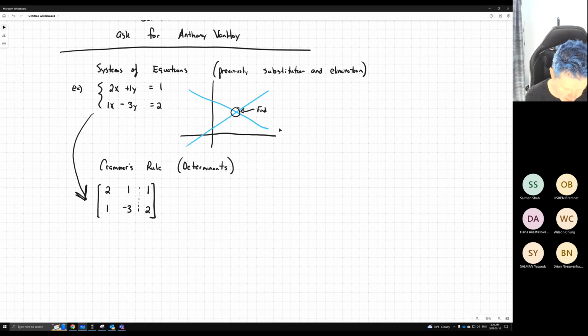However, we can find the determinant of some kind of a square matrix. So for example, A, B, C, D. We'll call this matrix capital M. We can find the determinant of a square matrix, and the procedure is very simple.